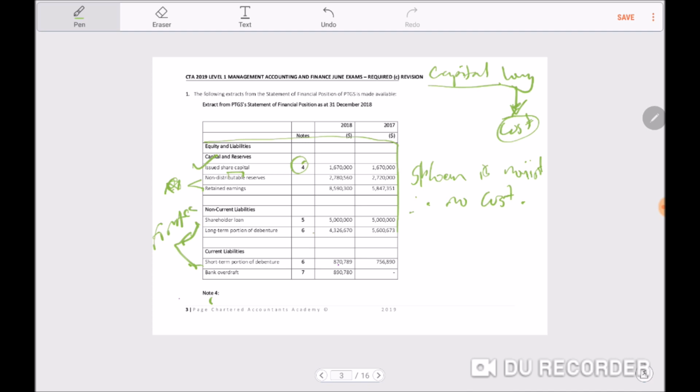Whether it is short term or long term, this is a FINAC issue, and from a MANAC point of view, all we want is the total debenture, which is the capital that we invested in the business. So in this case, we just had to add the 4.3 and the 870, and if we add the 2, we're going to get our market value.